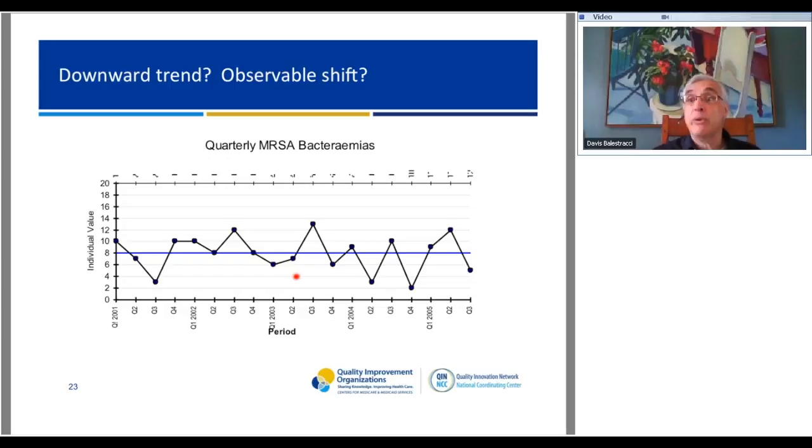So we can't use the trend rule to say we made a difference. Okay? Let's use the other rule. If we made a difference, then I might see a special cause 8 in a row above the median early in the data and or 8 in a row below the median later in the data. We see neither. What has the net effect of those 149 root causes been?